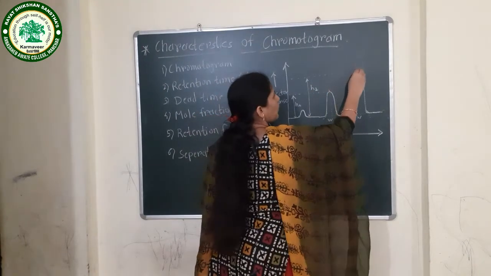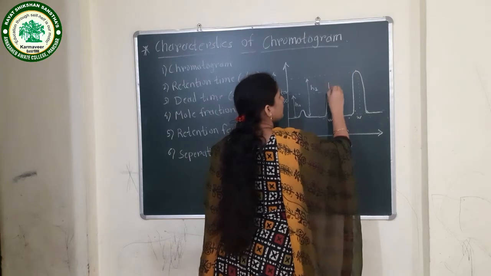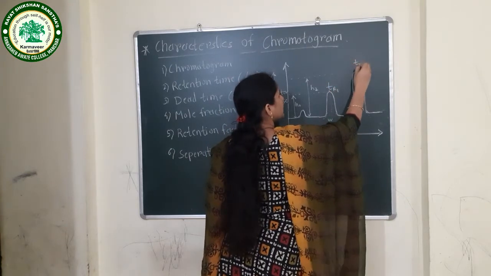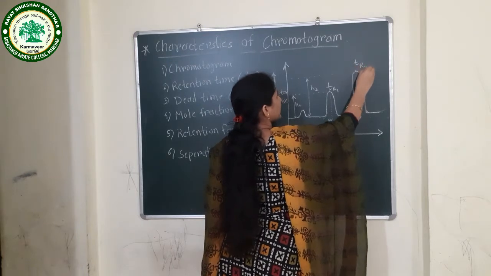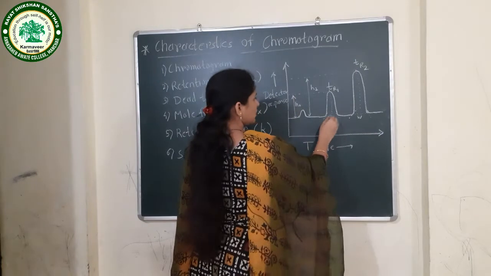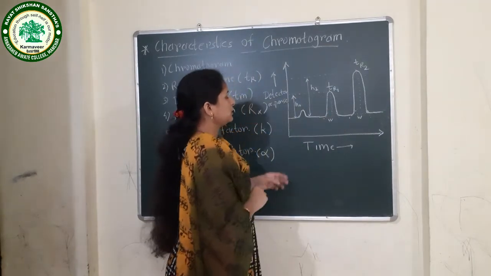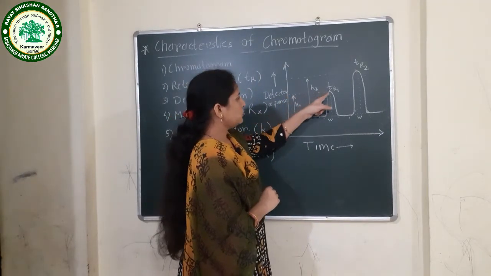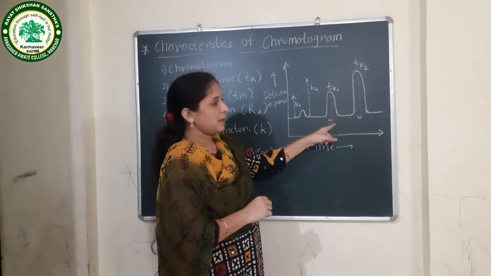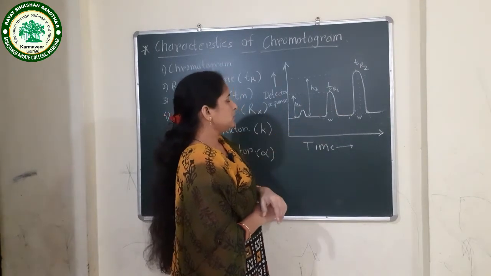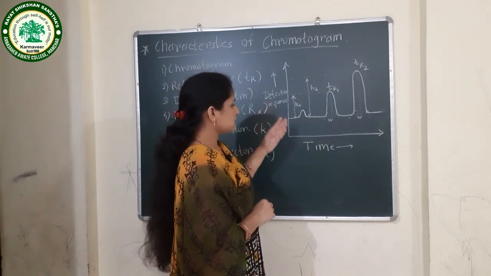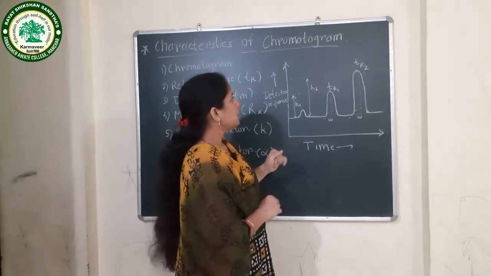Now at this point we get the retention time of the first component, and here the retention time of the second component. This is the width of the peak. Now from this height of the peak and this width of the peak we can calculate the area of the peak. This is the chromatogram, which is the detector response versus the time.